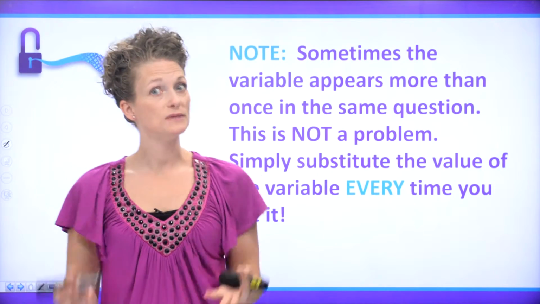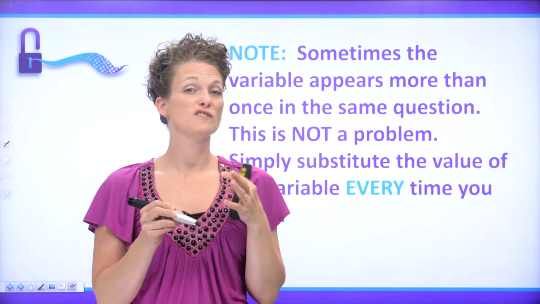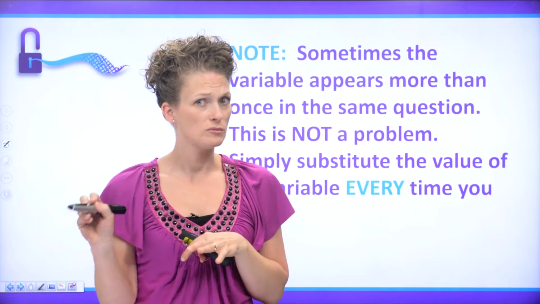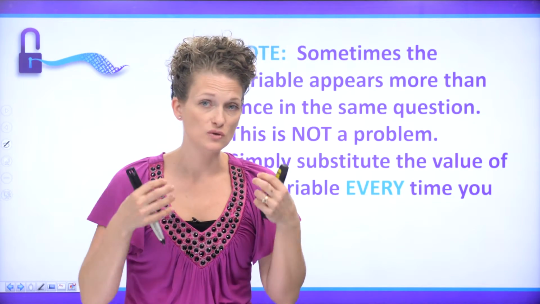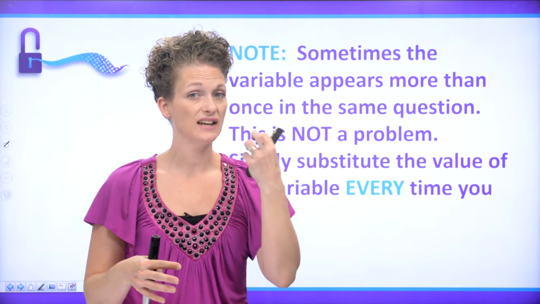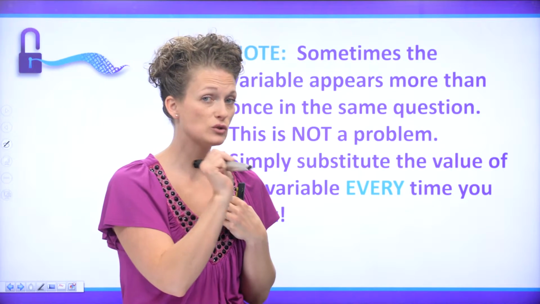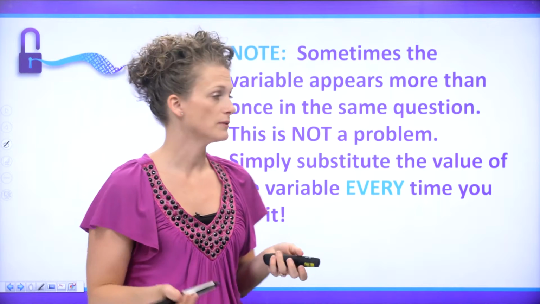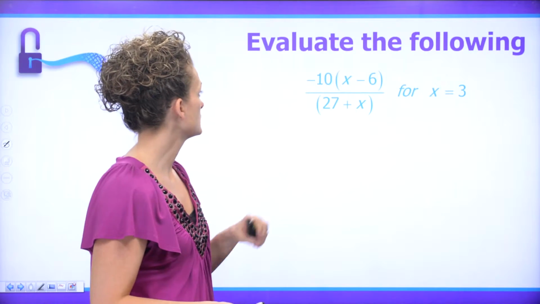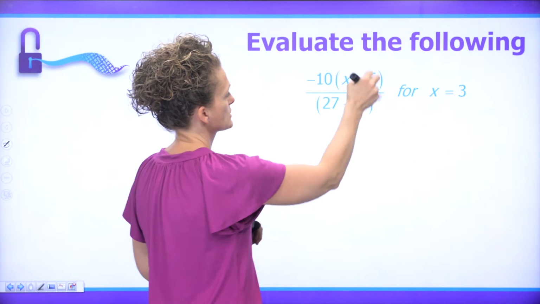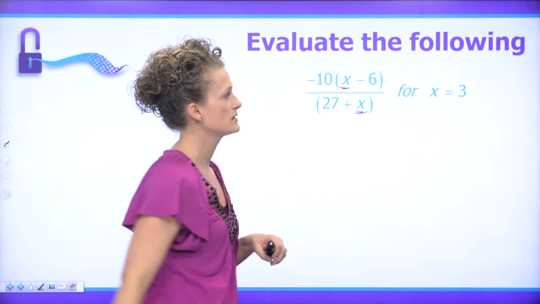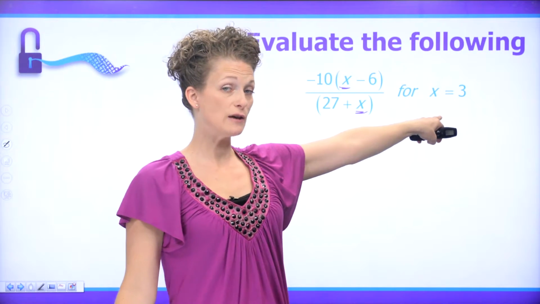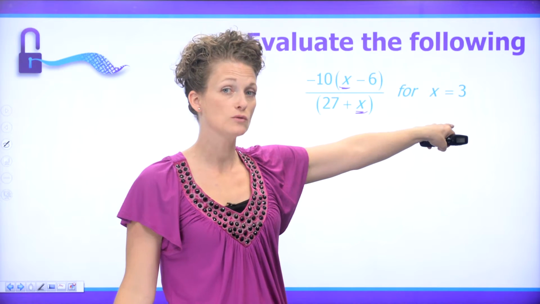All right, so sometimes you get expressions where you have the variable in more than one place. That doesn't matter. Every time that you see that variable, you take it out and substitute in the value that you're given. So let's have a look at what that looks like. So here we have this expression, and notice that here we have an x, here we have an x. We're told to substitute for x equal to 3.